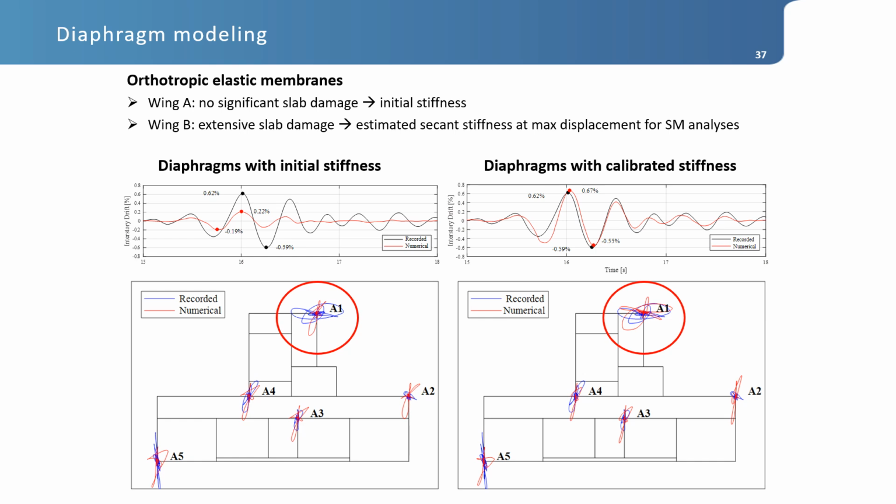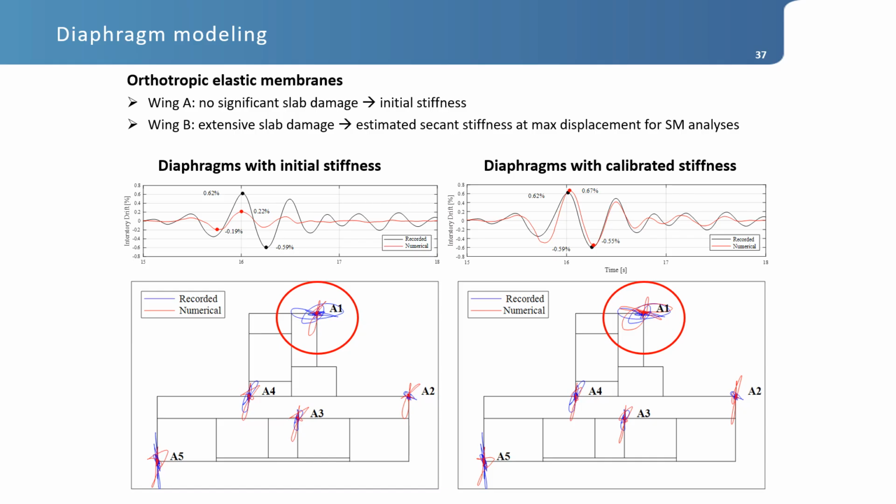So with the initial stiffness of the orthotropic elastic membranes, we could hardly follow the response, but then after a calibration of the diaphragm stiffness, we could capture quite well the response.